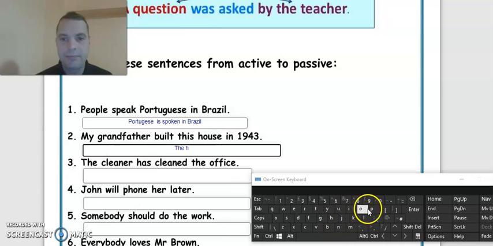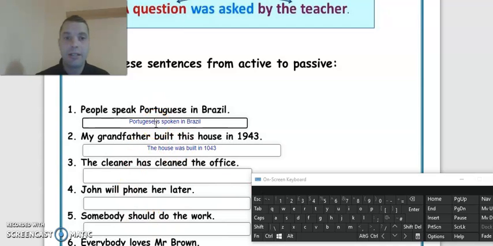The house was built in 1943. So we know that the house has been built, but we don't know who's done it. So we can change the order of the sentence.